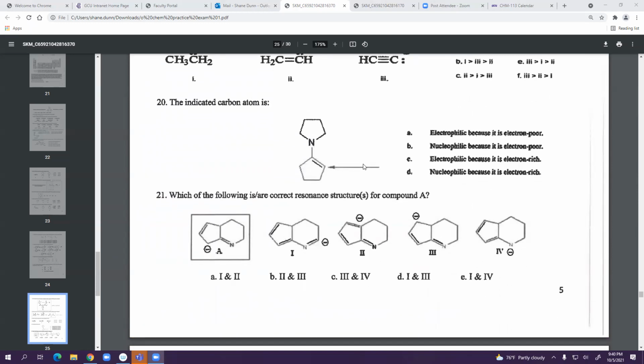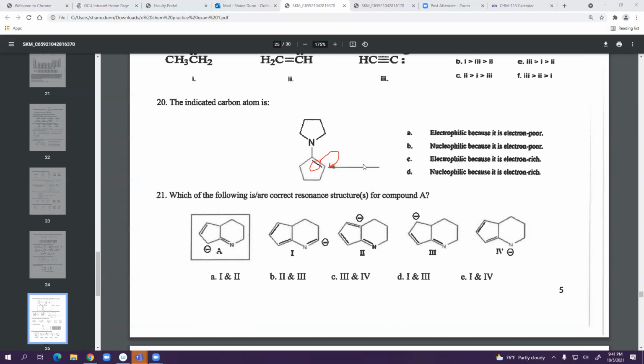Indicate a carbon atom. Okay. That carbon right there, what is it? So can I break that bond up? Can that bond go to this carbon right here, theoretically speaking? So it could have a lone pair, in theory, right?